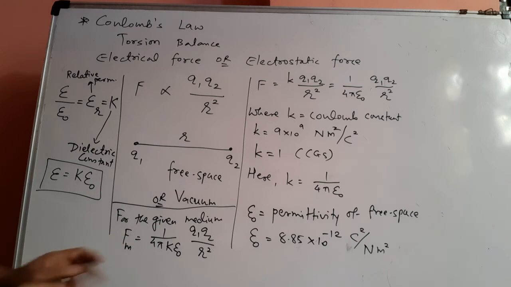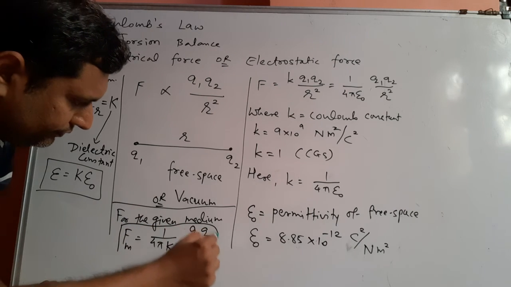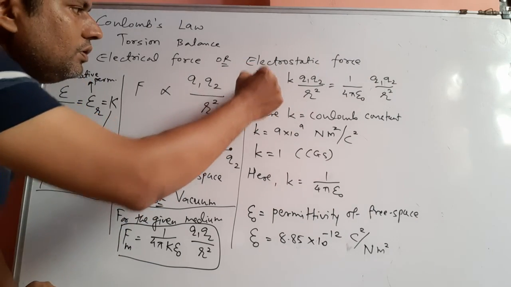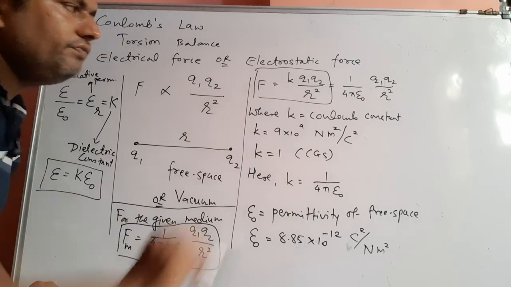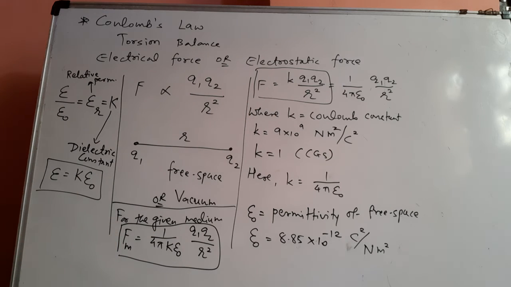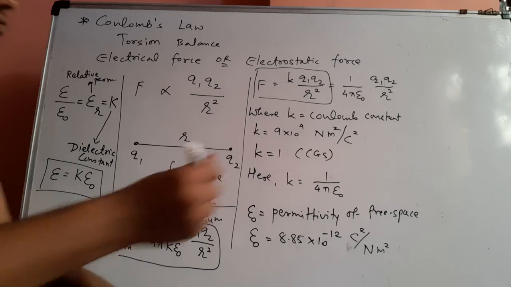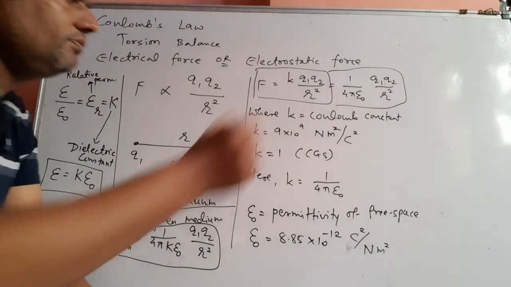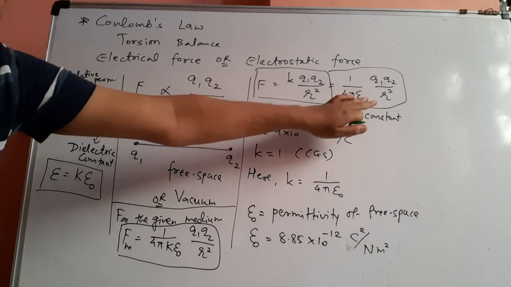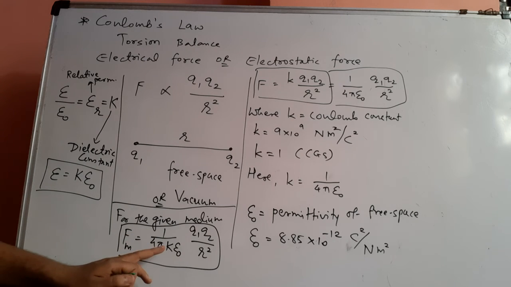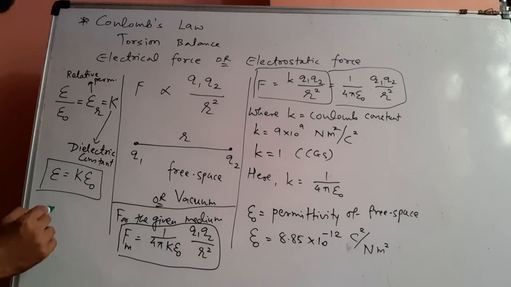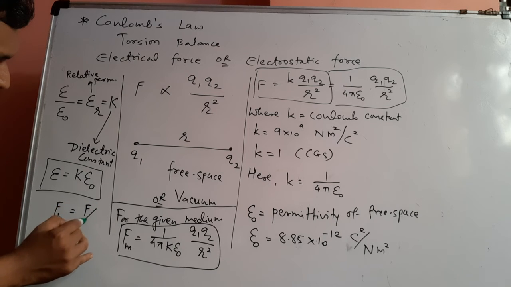So obviously when we take the ratio of these two equations, dividing 1 upon 4 pi epsilon naught Q1 Q2 by R square by 1 upon 4 pi K epsilon naught Q1 Q2 by R square, we get the relation: Fm is equal to F by K.